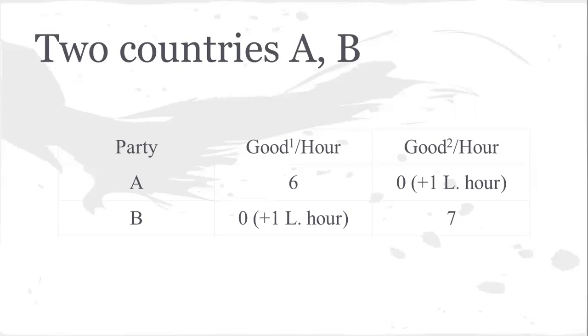It means that for A, all the labor hours are now going to good 1, and for B, all his inputs are going to good 2. Whatever he produces will be only good 2, meaning he is specialized in good 2.